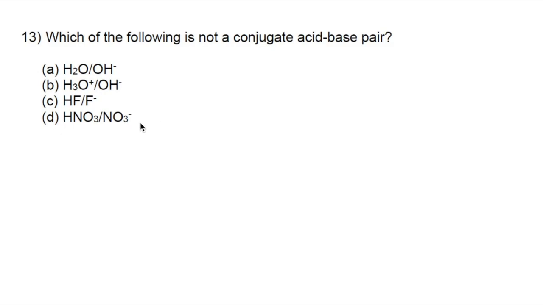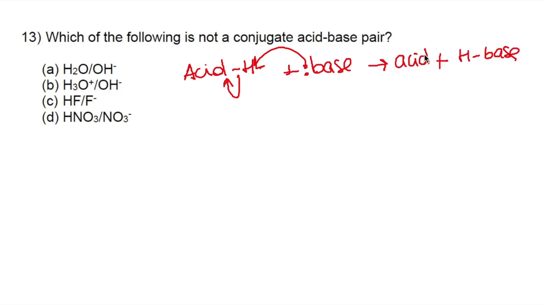Question 13 asks, which of the following is not a conjugate acid-base pair? So remember that in an acid-base reaction, you have the acid that has one H plus, and the base will be taking that hydrogen, and then you get conjugate base plus conjugate acid. What I'm trying to say is that only one hydrogen is moving.